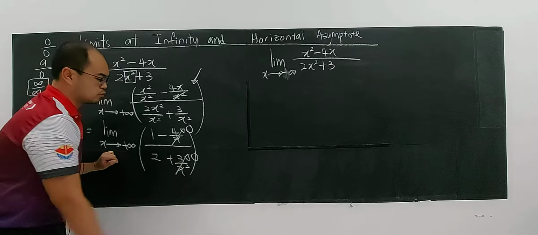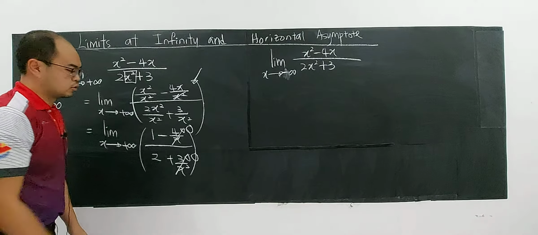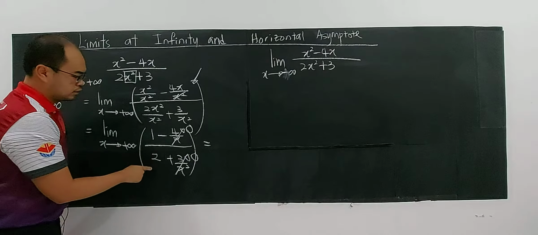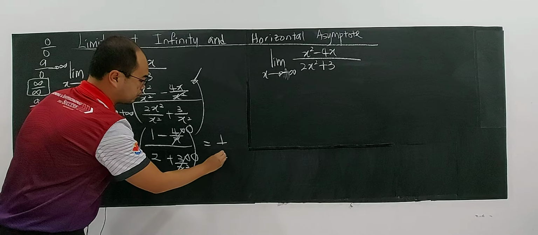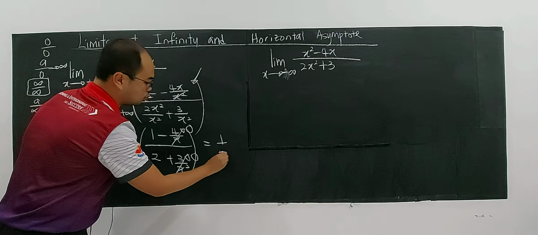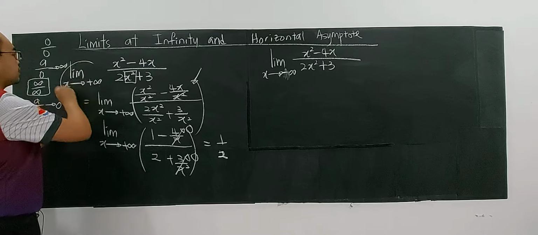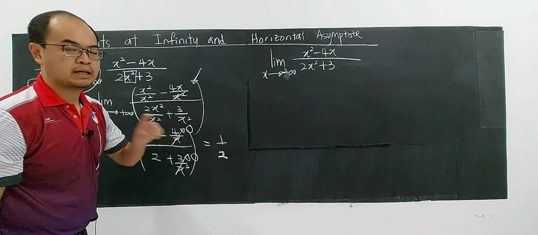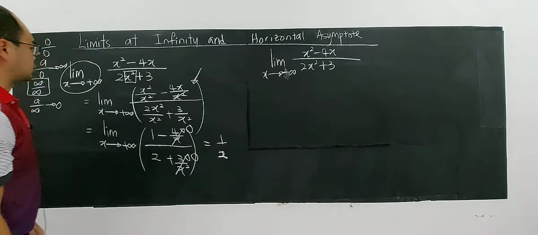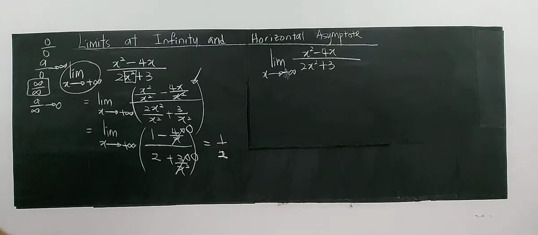The whole thing turns out to be very near 1 over 2. It's not exactly 1 over 2, it's near 1 over 2. That's why we put a limit here: the value is near 1 over 2, but it's not 1 over 2. That's why we study limits.